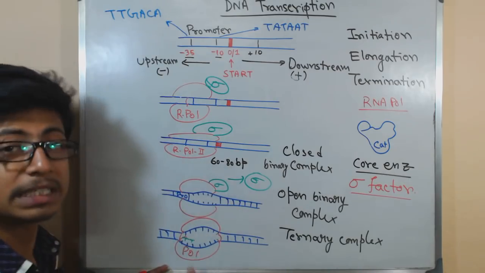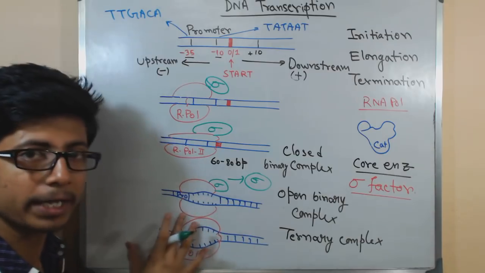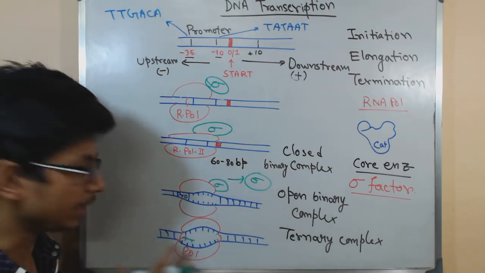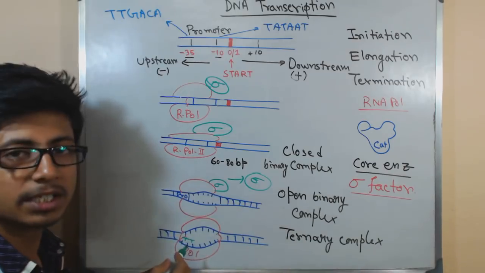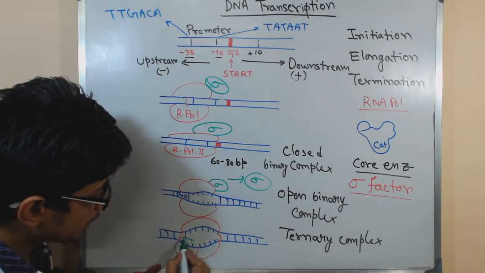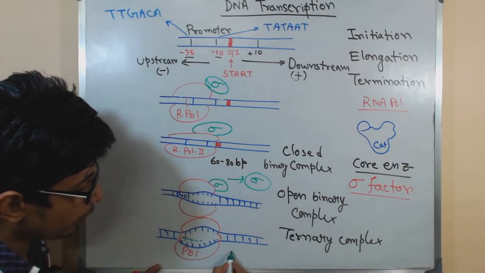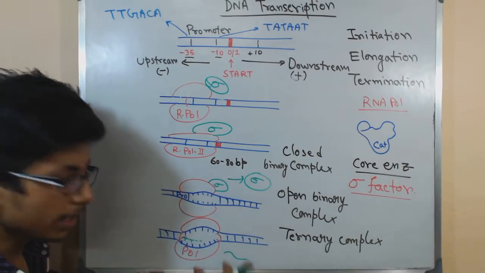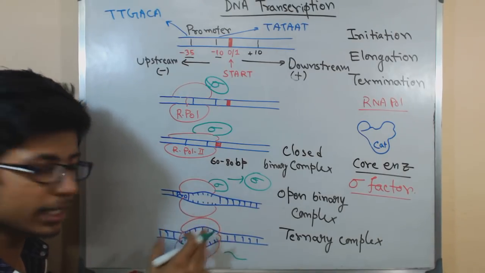It falls off from the DNA and again rebinds to the start site, starts transcribing, releases the DNA, comes back and starts again. So let's say it starts transcribing a 4 nucleotide stretch of RNA and again falls off, comes back and attaches again, starts again, falls.